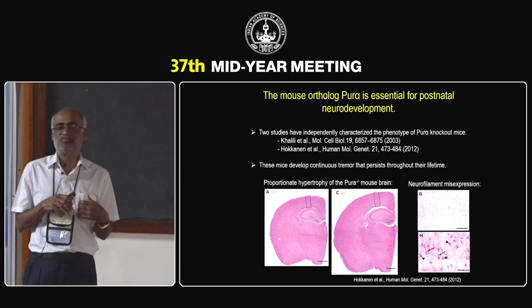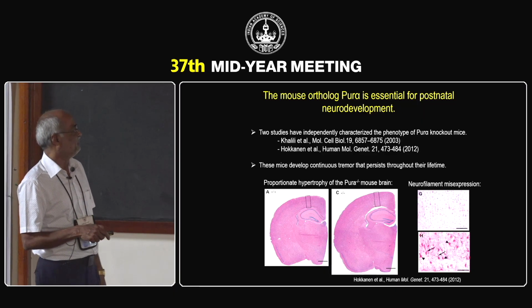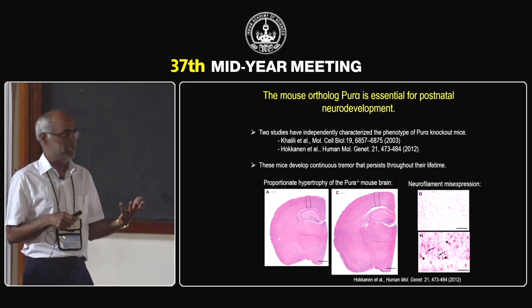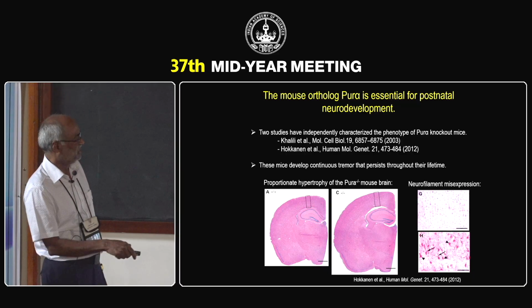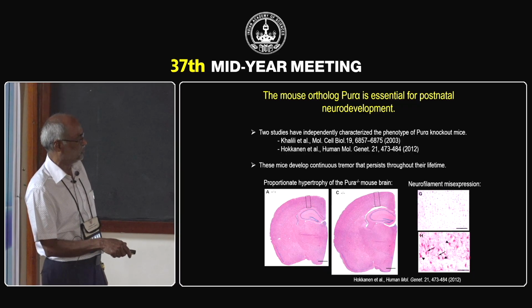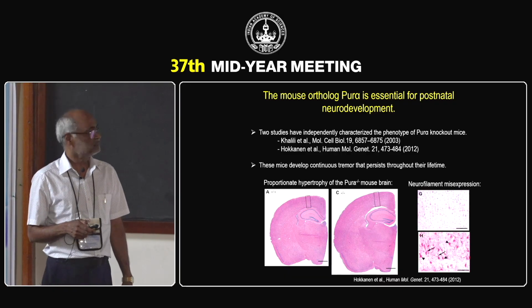So before us, people have done a knockout in mouse, 2 different groups, and they found problems with brain development. So brain is a section that's very enlarged, and this is a protein in the neurons that aggregates in the mutants, that's not in the wild type.